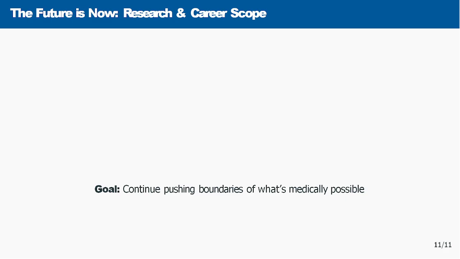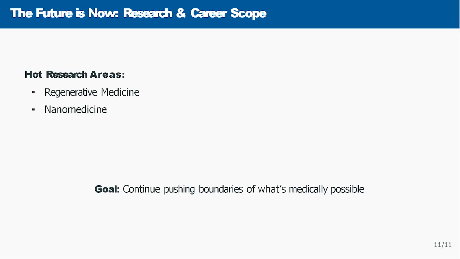So these are our career options. You mark here the hot research areas: you can take generative medicine, regenerative medicine, then nanomedicine, because we are talking about medicine that should be applicable from the cellular level. So at that place the research area of nanomedicine will be very useful.